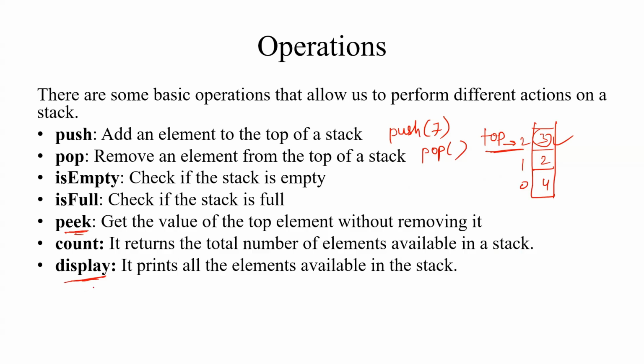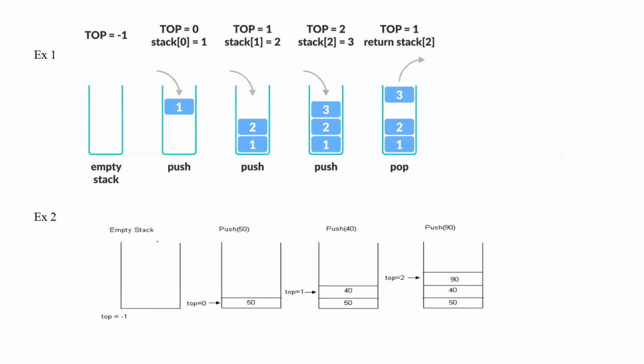Display is a very important function, because whenever we perform some operations, we always check how many elements are there and then display all the elements. Sometimes we use the term traverse also. Traversing all the elements means printing all the elements of the stack. Now, let's see the examples.